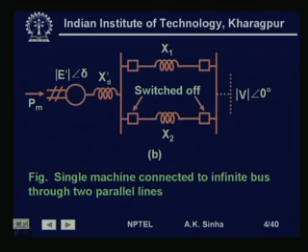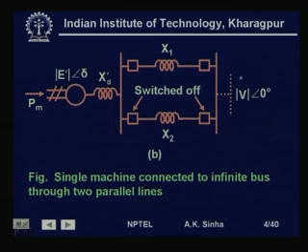We have two transmission lines, the reactances of which are x 1 and x 2. These in general will be equal, but we can take a case where they can be unequal also. So, we have x 1 and x 2 as the reactance of these two lines, and suppose we want to switch off these lines by opening the circuit breakers at these two ends.